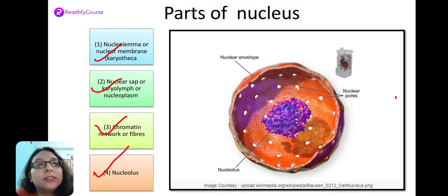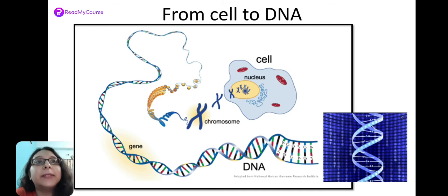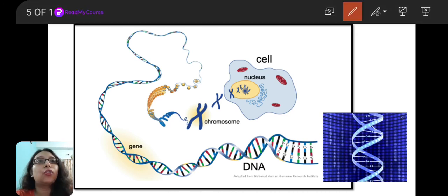Moving on to the next slide. When we are trying to magnify the structures within a nucleus, what do we get? A most important structure is the chromosome. These X-shaped structures are chromosomes.